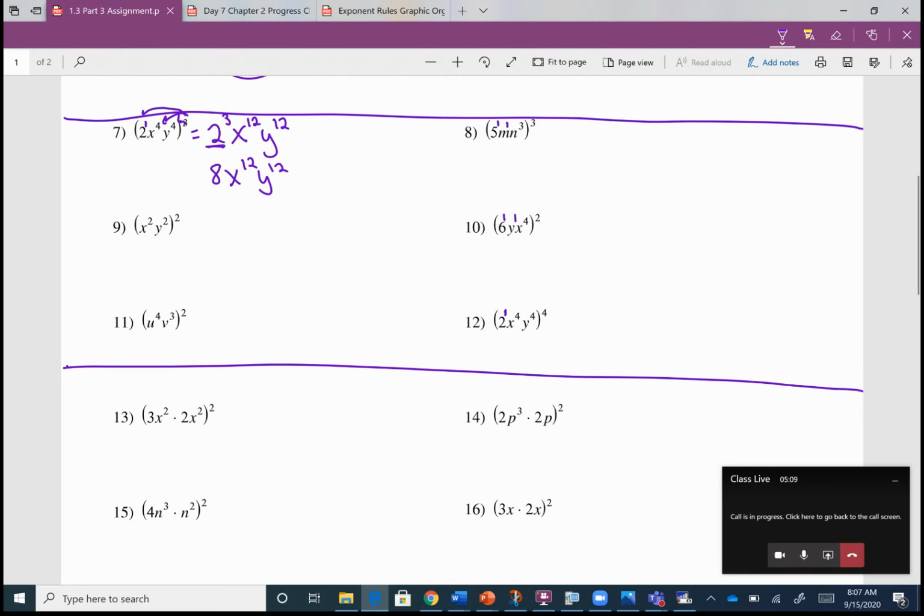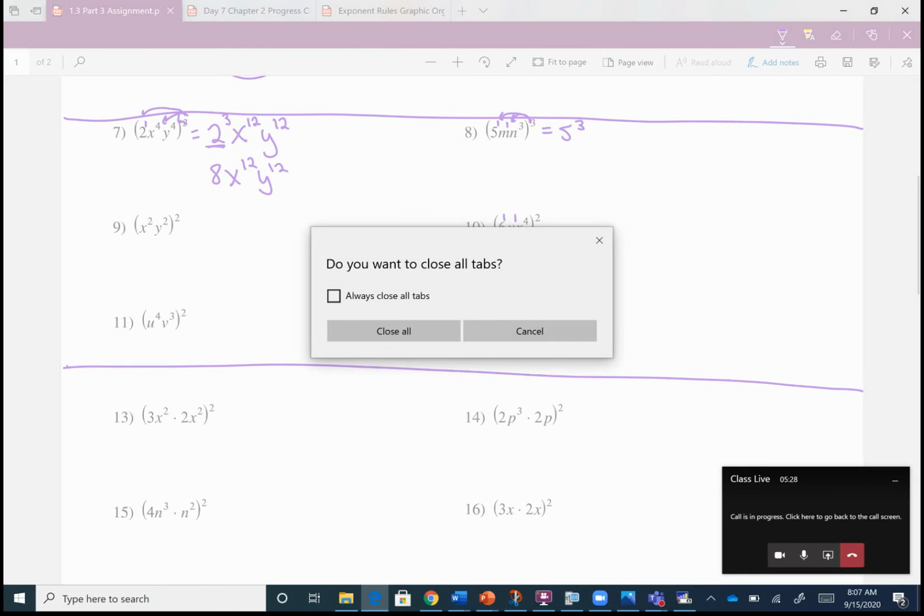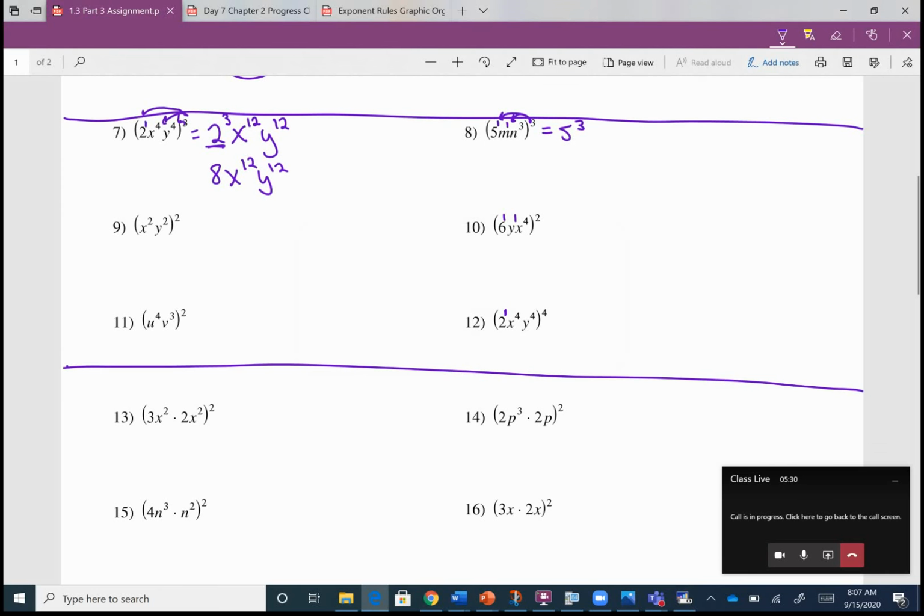All right, number 8, just to get our brains going. Remember, the 5 has a 1 on it, so it's going to be 5 to the 3rd. And then, as I walked around yesterday, some of you missed that the m also has a 1.